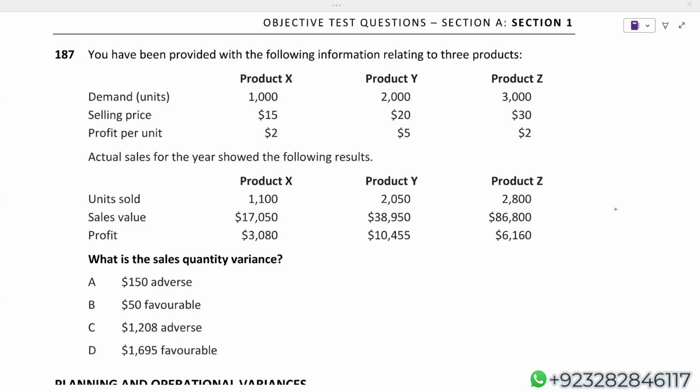Let's see any answer. One student is saying 158 favorable. What about others?